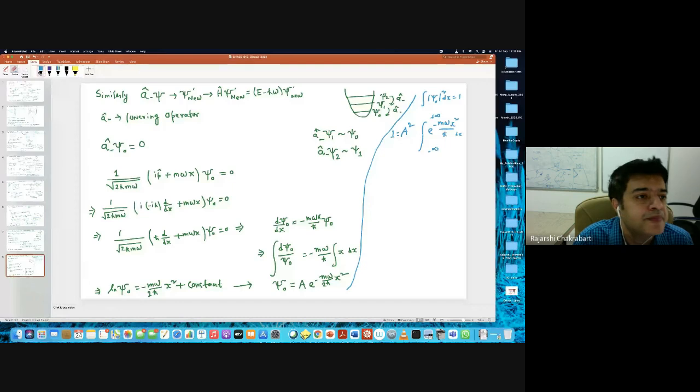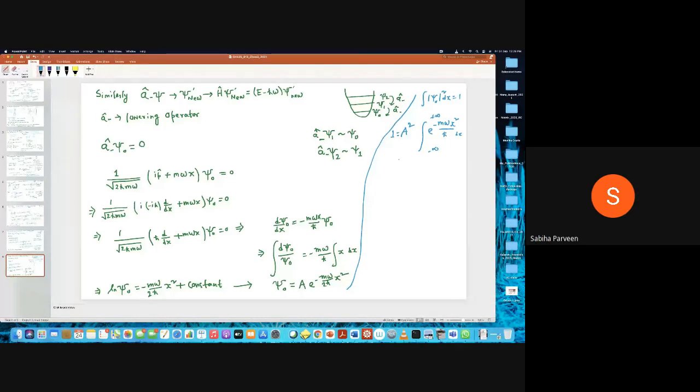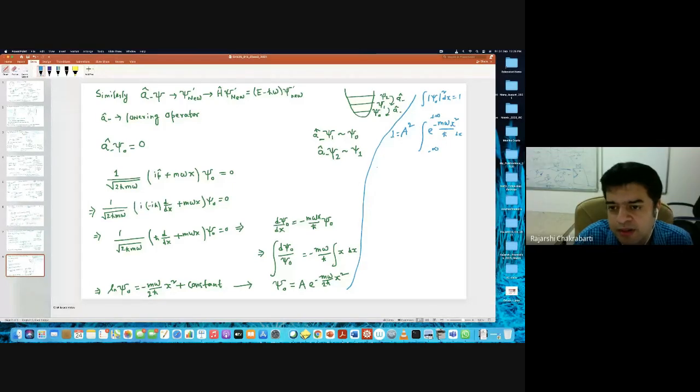Is this fine? Yes, sir. So now let me give you one standard integral. This standard integral is this. If I do this, I get 1 equal to A squared, and this one will give you alpha as m omega by h cross, isn't it?